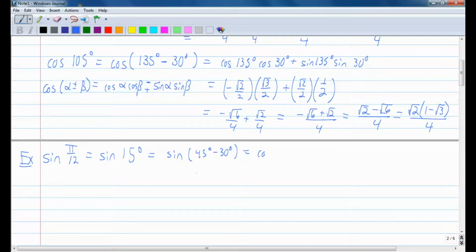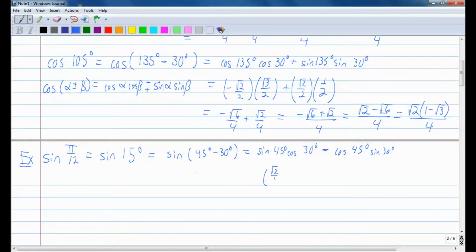It's the sine of alpha, so the sine of 45 degrees, times the cosine of beta, so the cosine of 30 degrees. And then since I use a minus here, I use a minus here. And then cosine of alpha, that's the cosine of 45 degrees times the sine of beta. That's the sine of 30 degrees.